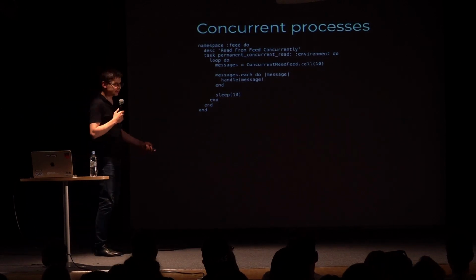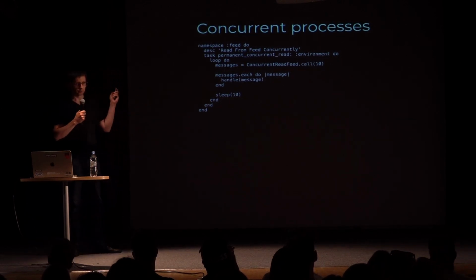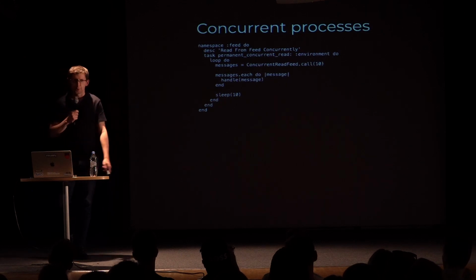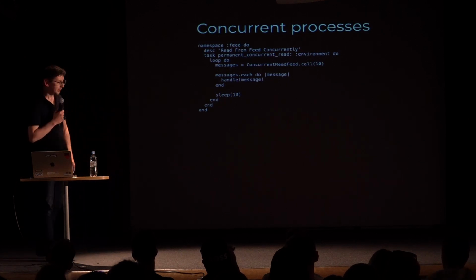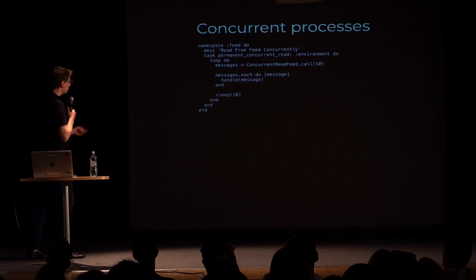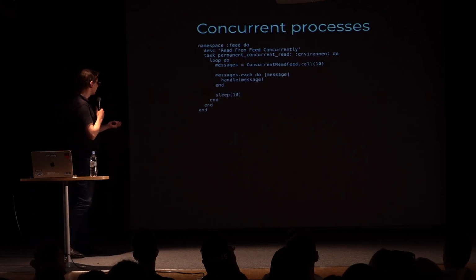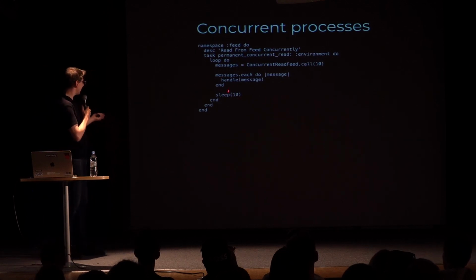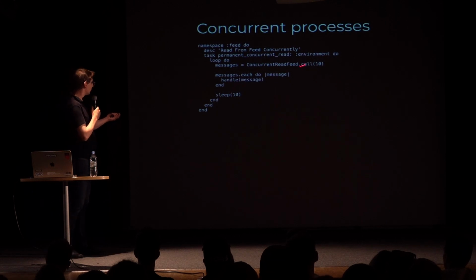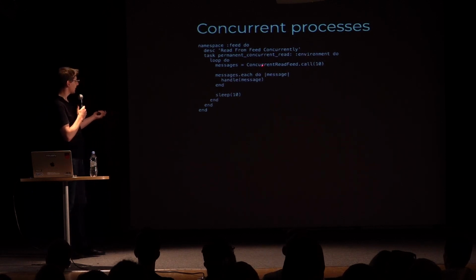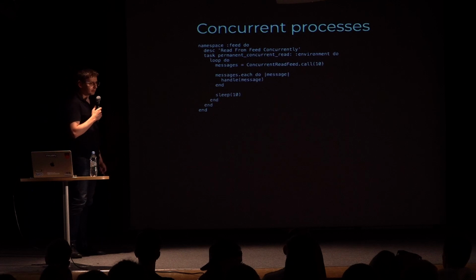So we've had this read feed process. Let's say we want to read a bit more and we want to have 2 concurrent processes. So let's say this handling of a message is quite long. Let's create ourselves some kind of concurrent read feed.